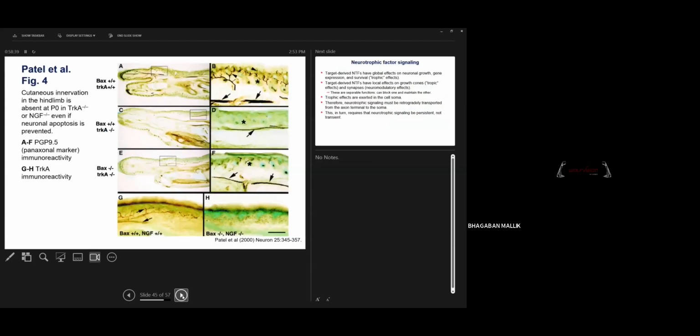Okay. So in some of the experiments here, like BAX plus or TRK, you can see that you have nice neuronal growth. When you knock out TRK, you reduce neuronal growth, or both of these, showing that you basically require the neurotrophins for axonal growth.